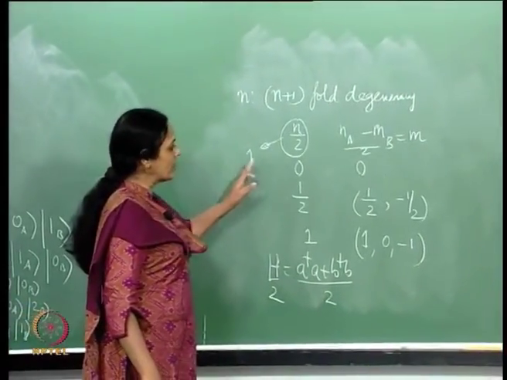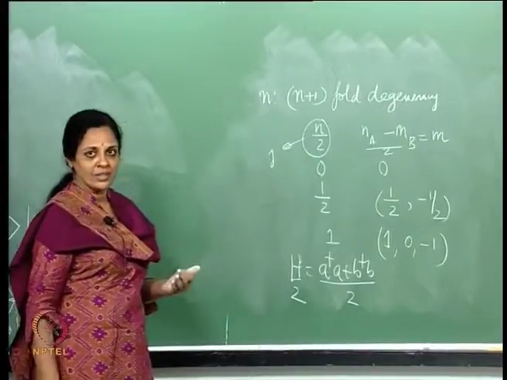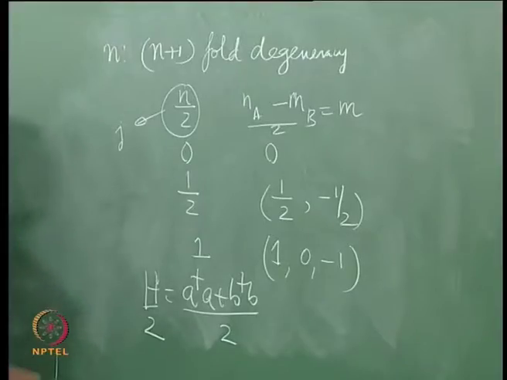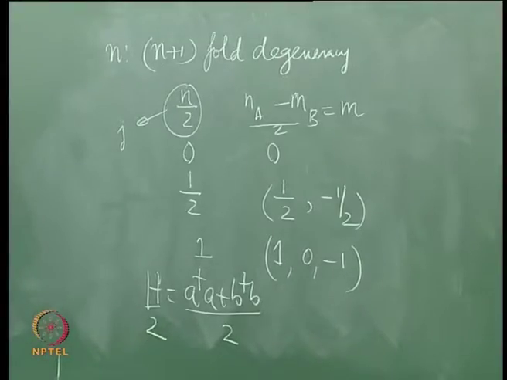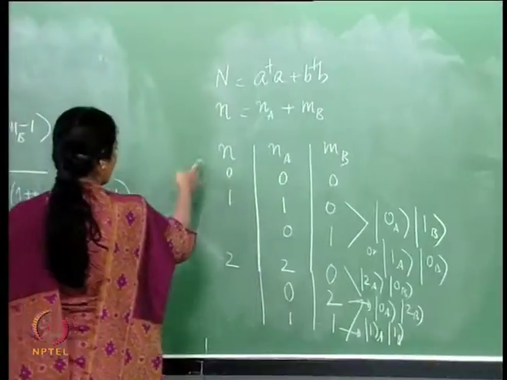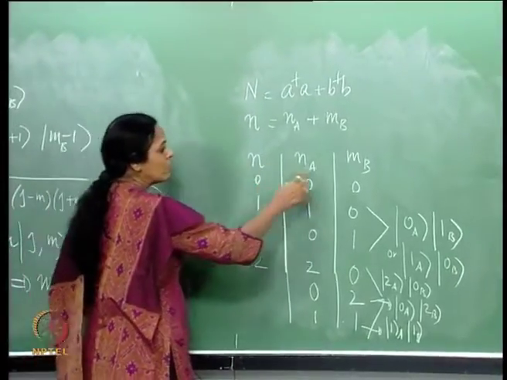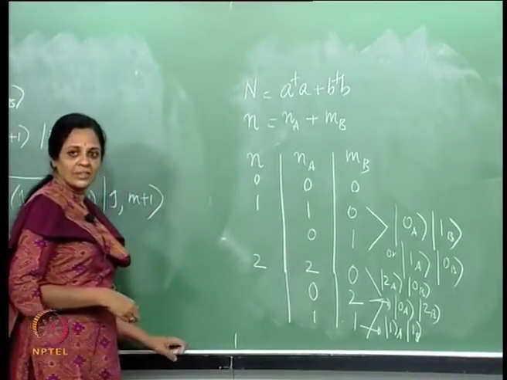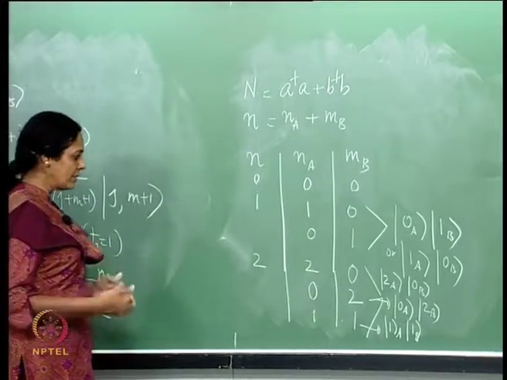And for a given j, there is a 2j plus 1 degeneracy in M. We have also checked that in terms of energy eigenvalues, given n, there is an n plus 1 fold degeneracy in the case of the two-dimensional oscillator.